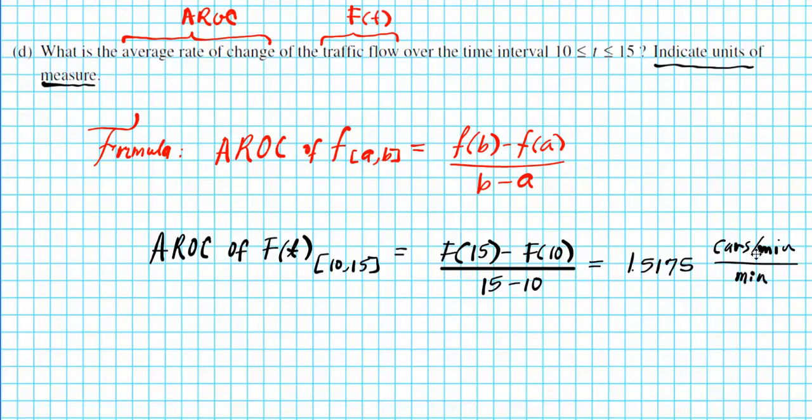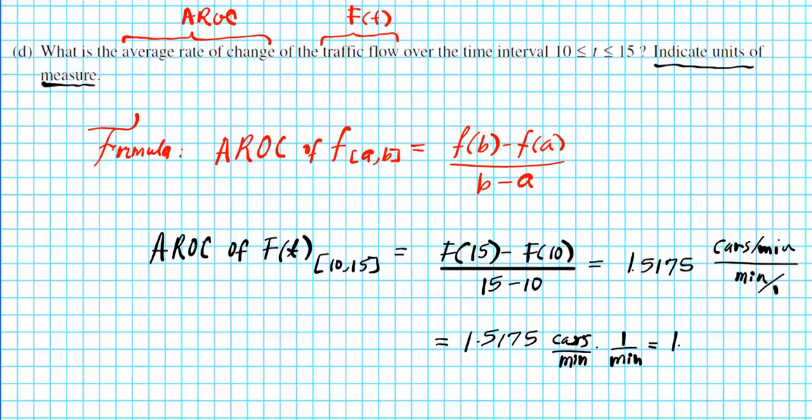So let's resolve these units right here. It looks messy. So you have cars per minute over minute. You can just write the denominator, put it over 1. And then you're going to have 1.5175 cars. You drop the top unit, multiply by the reciprocal of the bottom unit, like that.